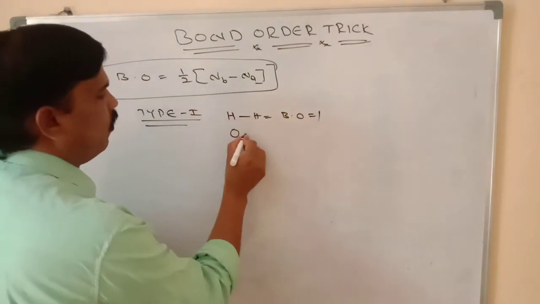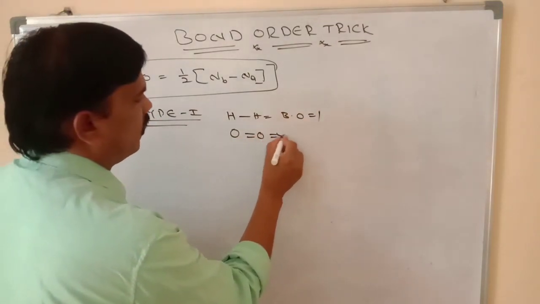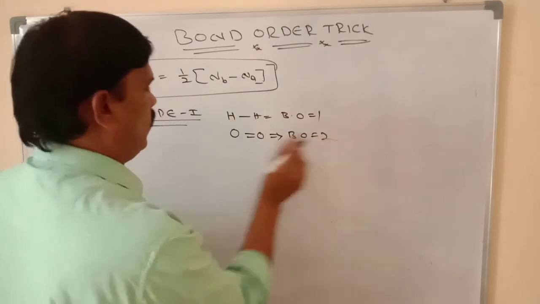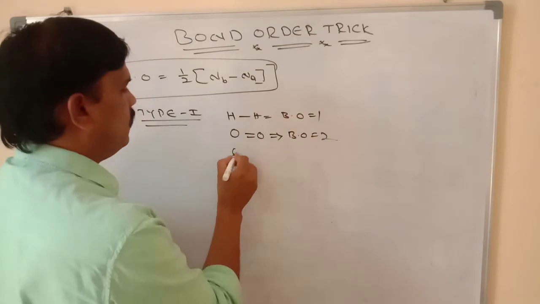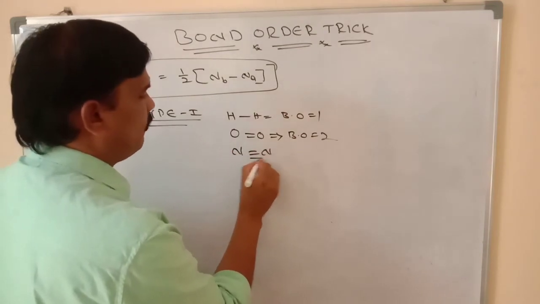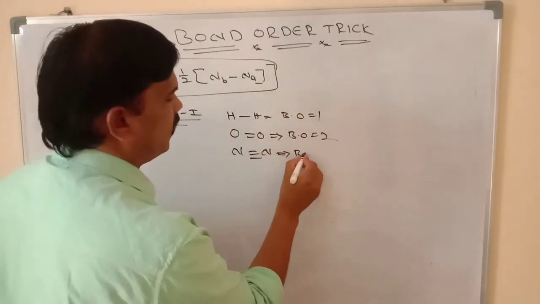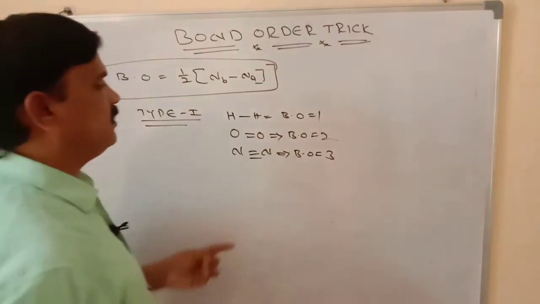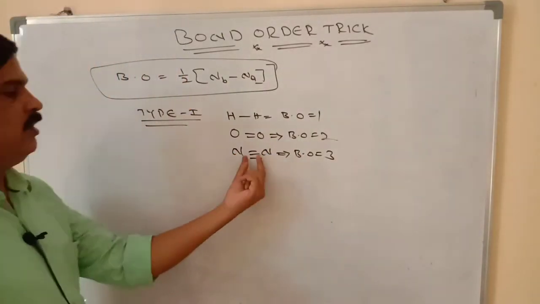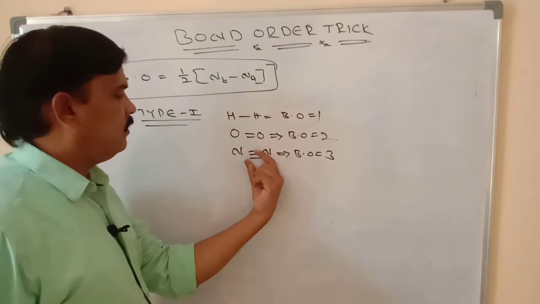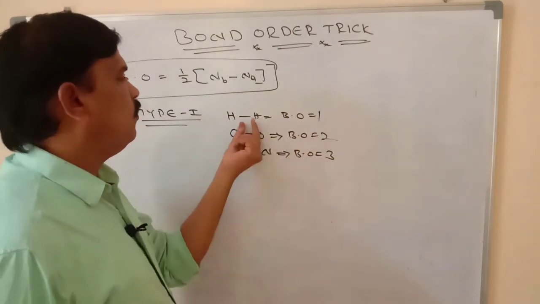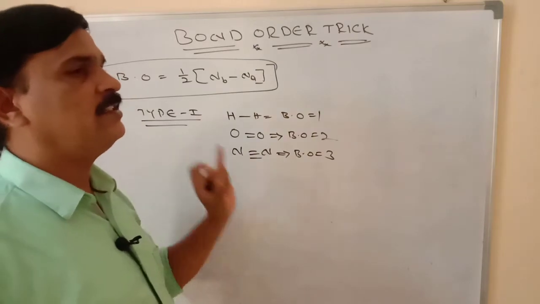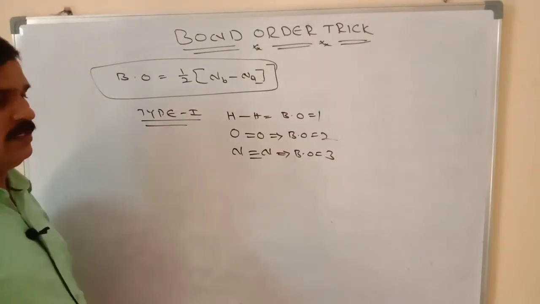Oxygen O2 has a double bond, so its bond order is 2. Nitrogen N triple bond N has bond order 3. These are the 3 examples for the type 1 trick.